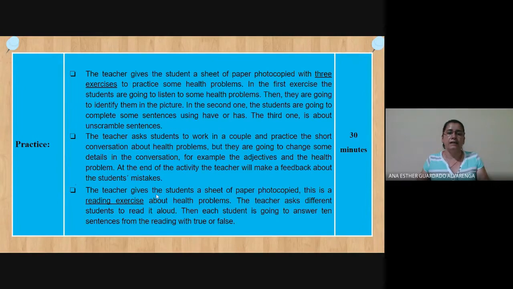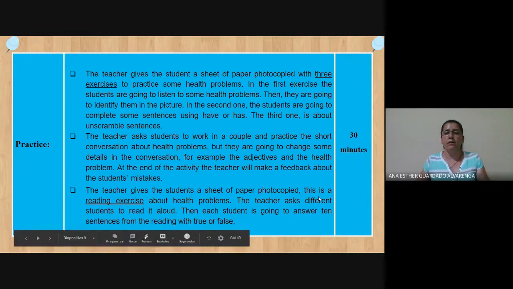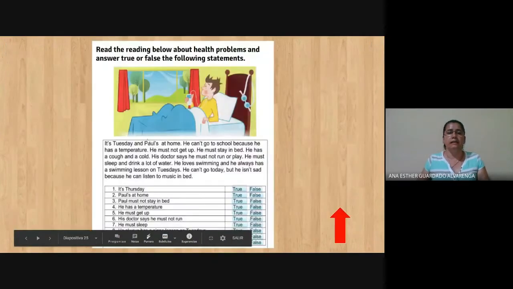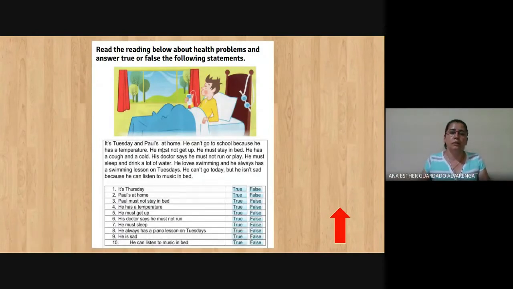The teacher gives the students a sheet of paper. This is a reading exercise about health problems. The teacher is going to ask different students to read this paragraph, and after some students have read the exercise, they are going to do it individually.